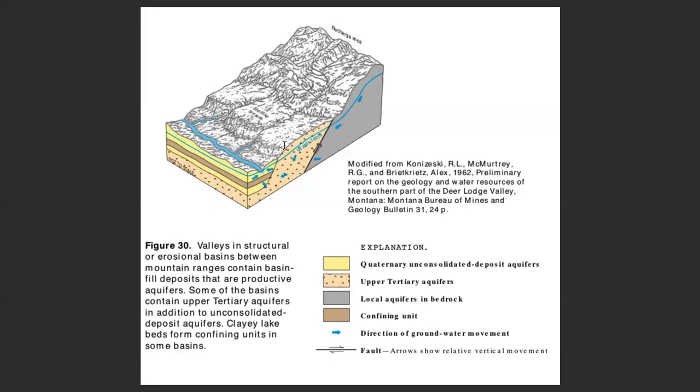Okay, the lowest sediments in our valleys, or the deepest sediments out in the valleys, the oldest ones are Eocene and Miocene, or in the olden days, Tertiary. And back then, Montana was a much drier place. And these sediments are really full of silt and clay. Remember, as hydrogeologists, we're just interested in how much silt and clay there are, because that tells us whether or not there's good aquifers.